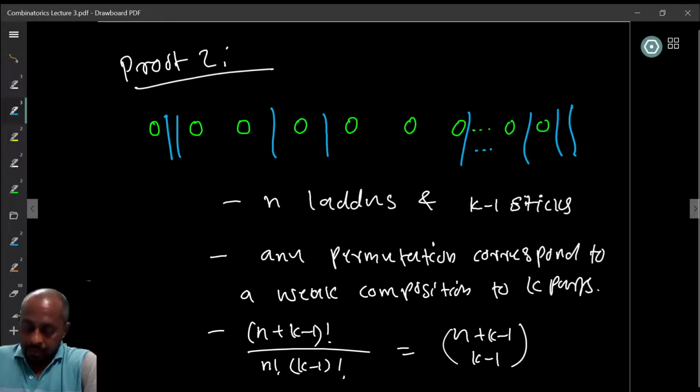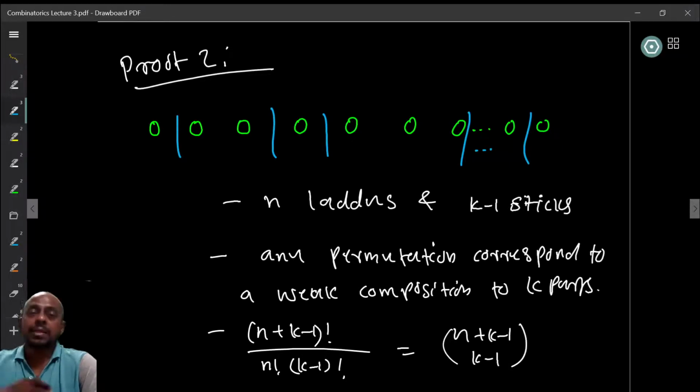But now all we have to do is to find the number of possible arrangements of the laddus and sticks. But this we already know, right? Because we already said that the laddus are one type, so there are n objects of type laddu, and then k minus 1 objects of type stick, right?